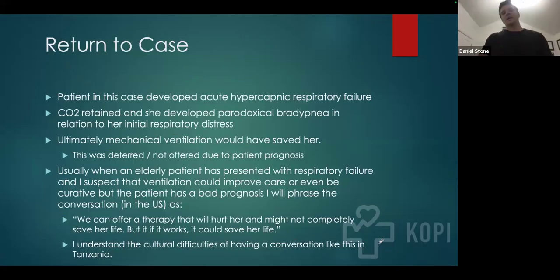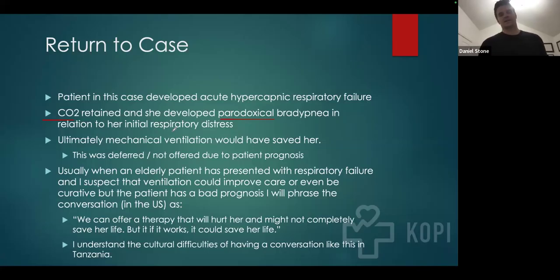So the case that we talked about initially, the patient had respiratory failure. They went from type 1 respiratory failure to CO2 retention and developed type 2 respiratory failure. When they developed type 2 respiratory failure, they developed a paradoxical bradypnea because of CO2 narcosis. And they started retaining carbon dioxide to create acute severe respiratory acidosis.